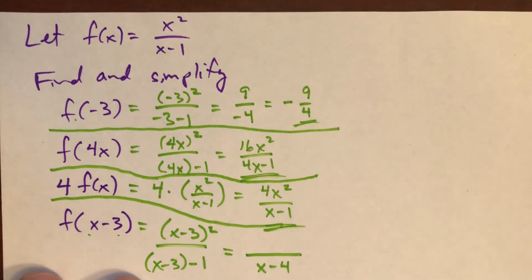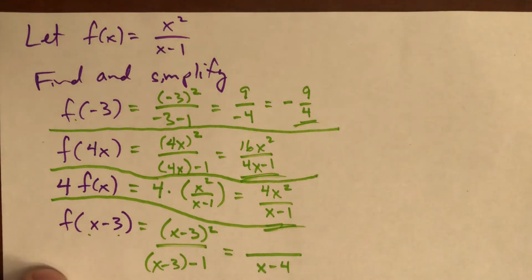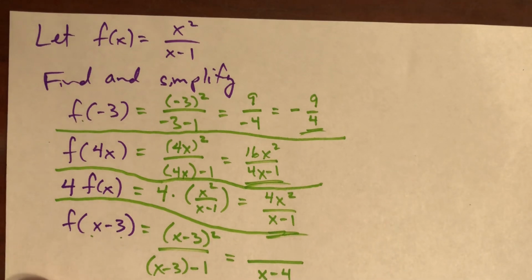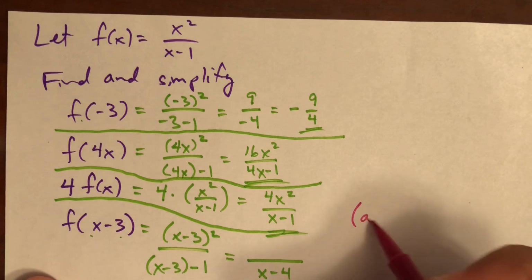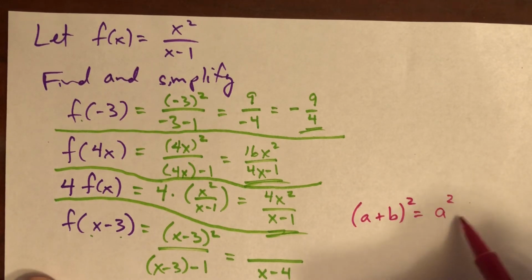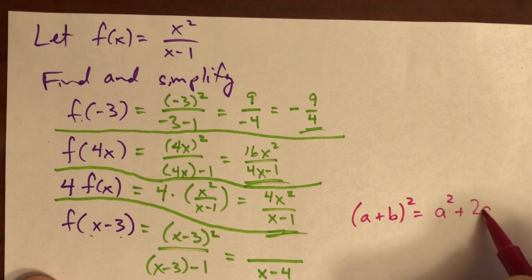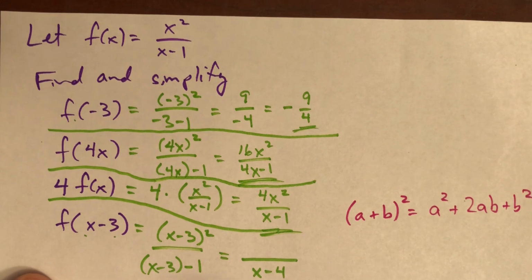Depending on how comfortable you are squaring binomials, there's a nice little formula for this. Maybe I'll write it off to the side because it's useful, and I'm going to use it. If I have any binomial and I square it, every single time it works out like this. We know this, so we can just apply it.